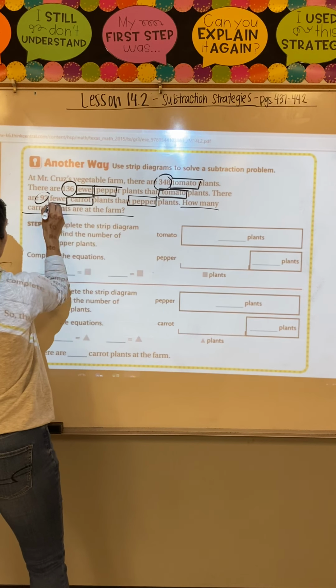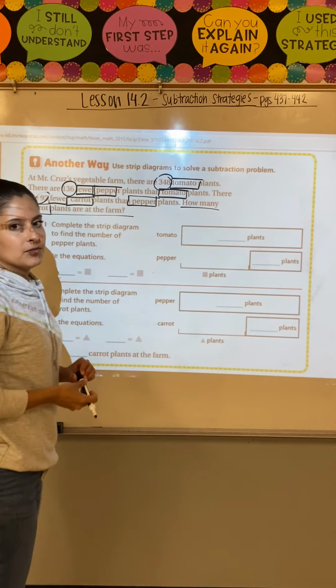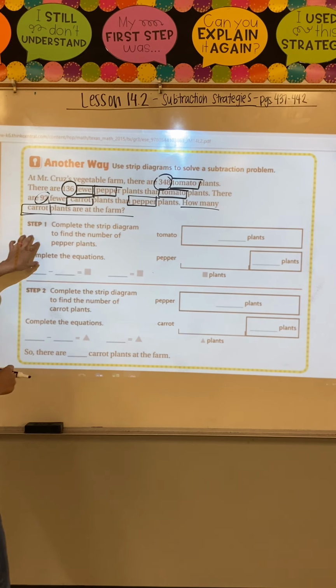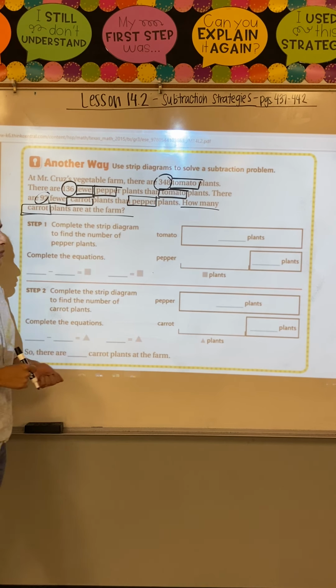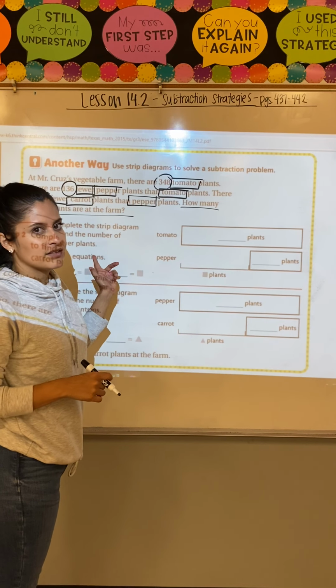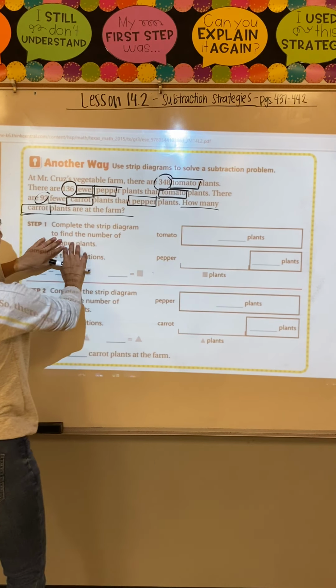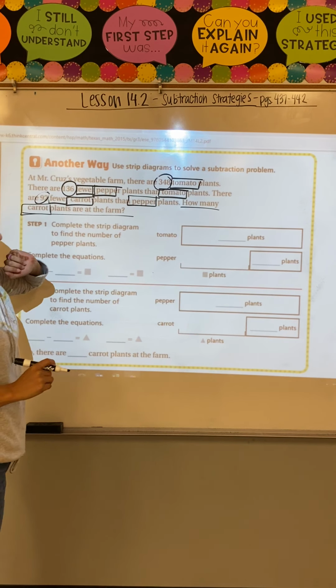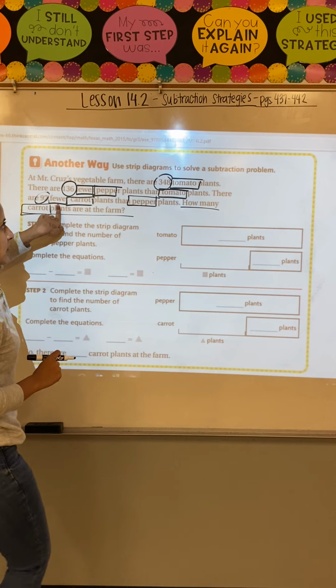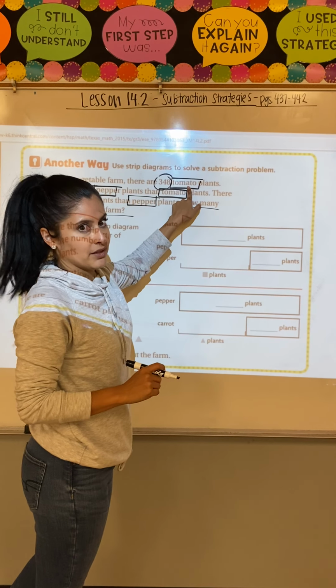How many carrot plants are at the farm? That's the end goal. So let's complete the strip diagram to find the number of pepper plants. And you might be asking, oh, I don't need pepper plants, I need carrot plants. But if you look back carefully at that problem, before you can figure out carrot plants, you have to figure out the amount of pepper plants.